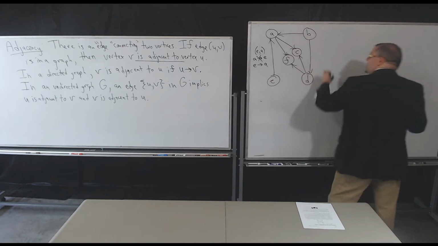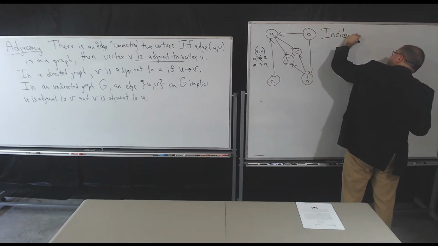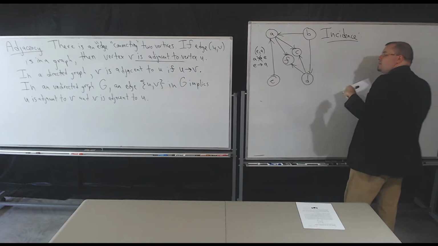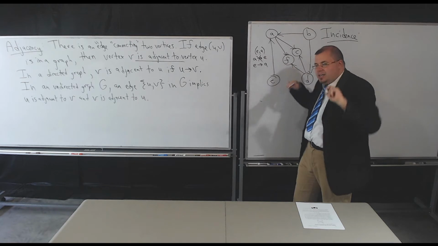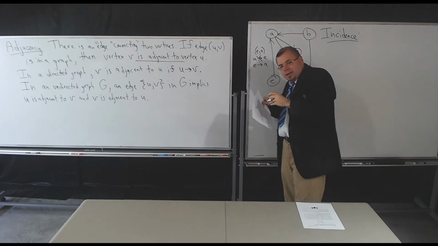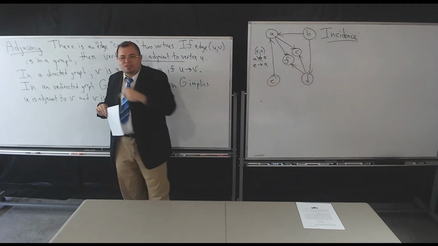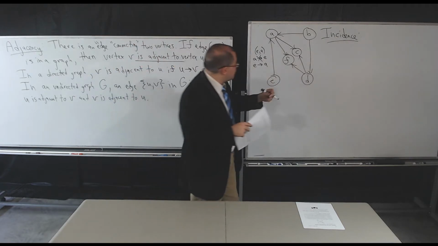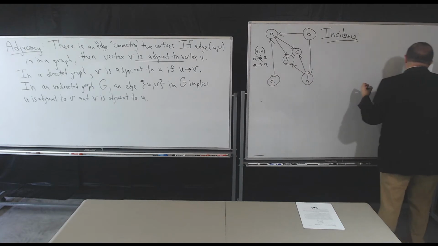So let's talk about another notion. It's called incidence. Oftentimes we need some way to talk about if two edges are adjacent or beside each other, that they're connected at a common endpoint, or we want to relate an edge to a vertex, or edges to vertices. We use this notion of incidence.